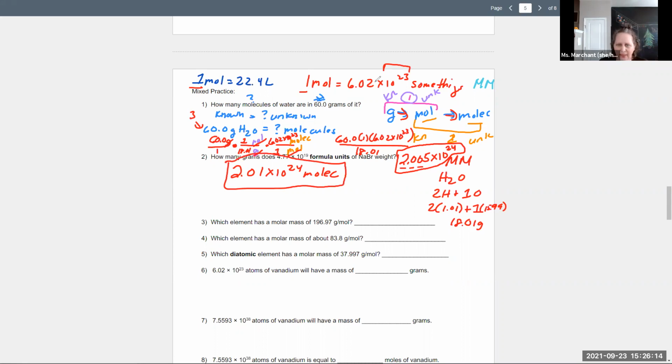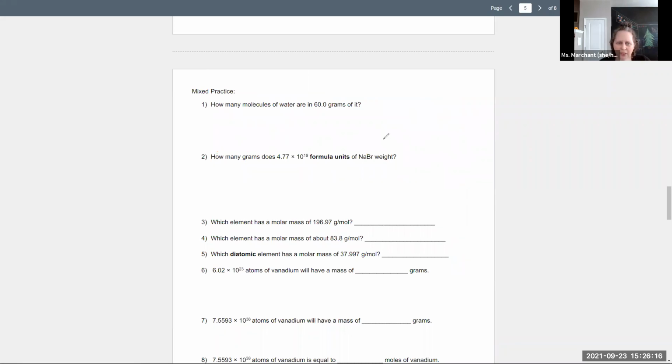Let me go ahead and clear off this page. Number 2, how many grams? That means that's my unknown. I want to find grams. Does 4.77 times 10 to the 19 formula units of NaBr? Big, large exponential number. I know that means I'm going to be using Avogadro's.